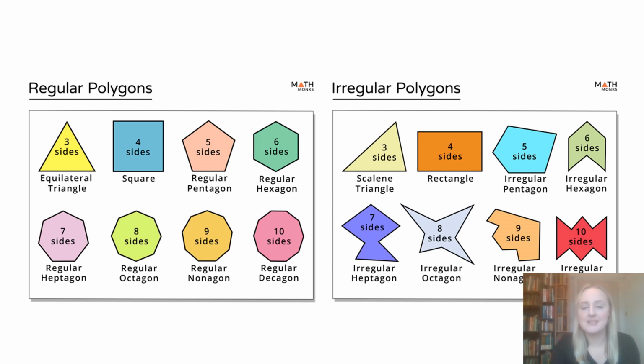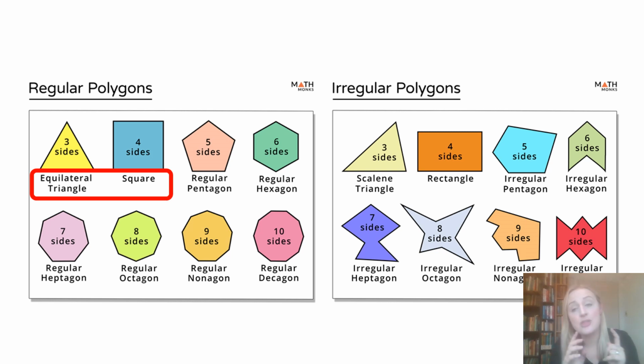But one thing I wanted to draw attention to here was the vocabulary, where the regular 3-sided shape and the regular 4-sided shape are the only ones where we have a special name for them. We would not say regular triangle. We would say equilateral triangle. And we would not say regular quadrilateral. We would say square.